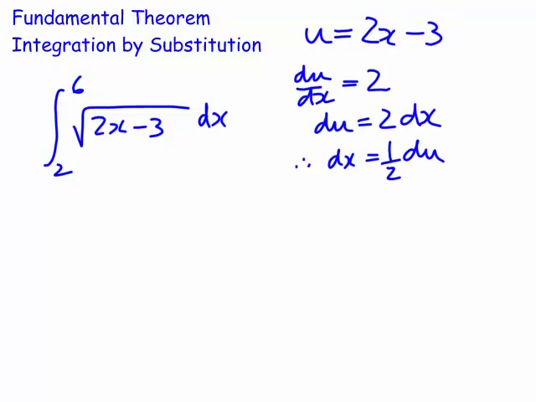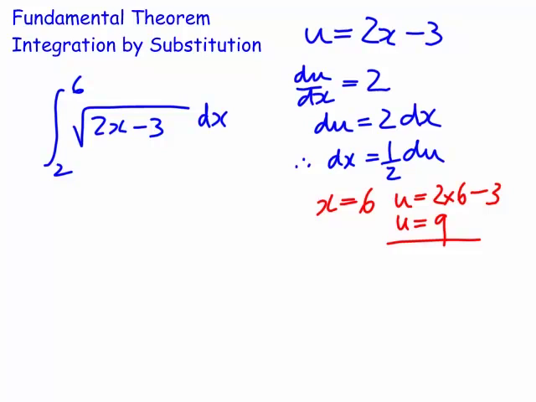Now while we're on this, let's look at the bounds. When x is equal to 6, u would be equal to 2 times 6 minus 3, which is hopefully 9. So our x bound of 6 correlates via the transformation to a u bound of 9.